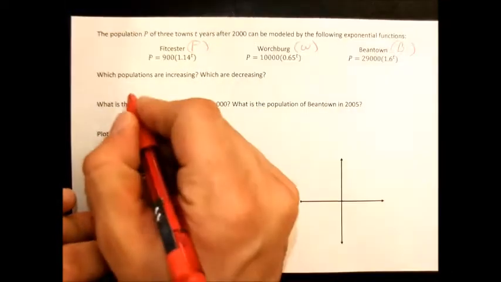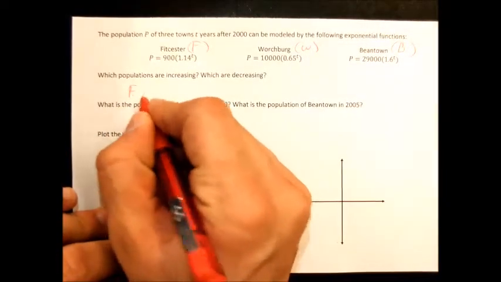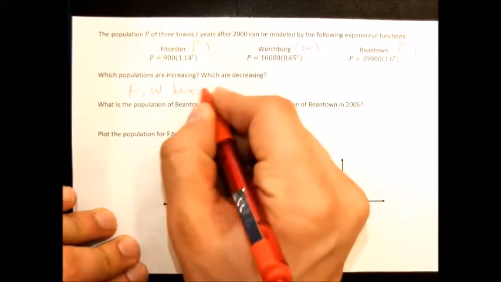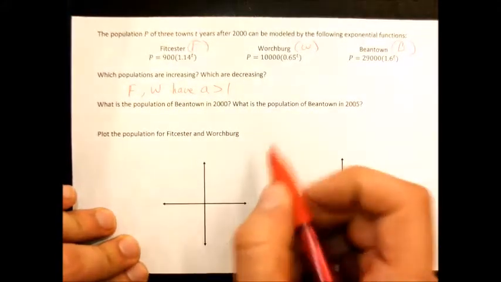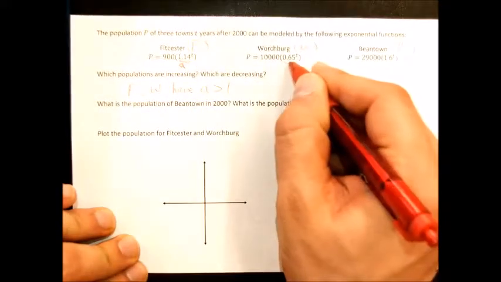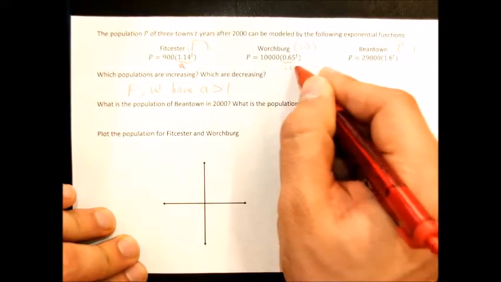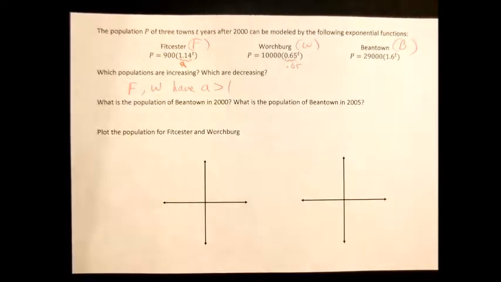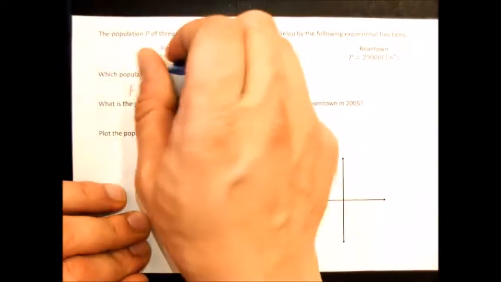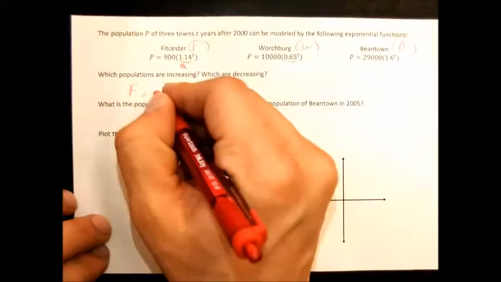Pfister and Wartburg have A bigger than 1, right? This one's got an A of 1.14, and this one's got an A of 0.65. I'm sorry, not Wartburg. Got ahead of myself. Beantown. So F and B have A bigger than 1.